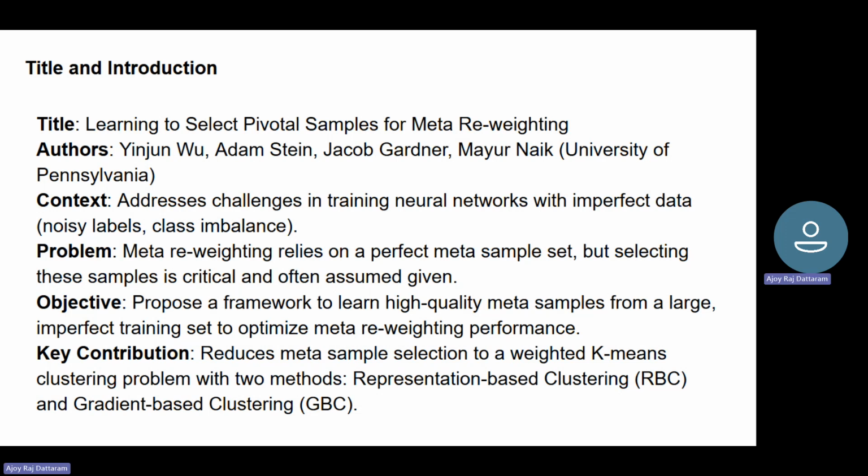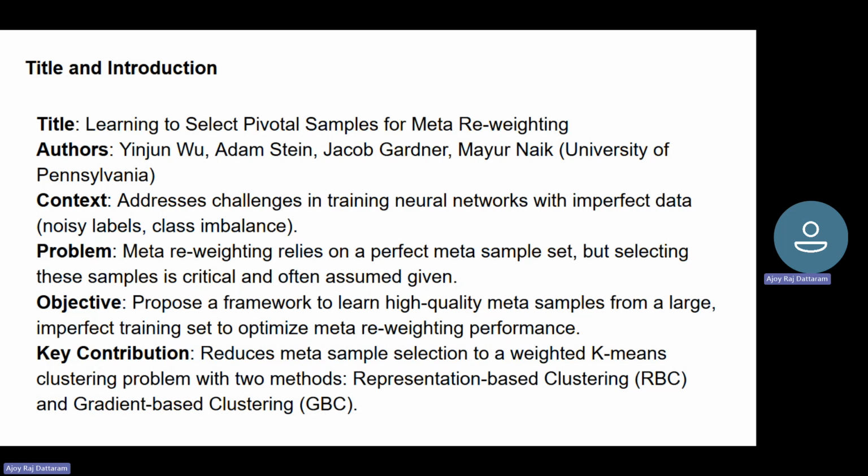So the problem is to focus on the technique called meta reweighting, which uses a small set of perfect samples, called meta samples, to guide the training. But choosing these meta samples is critical, and many methods just assume they are already available.